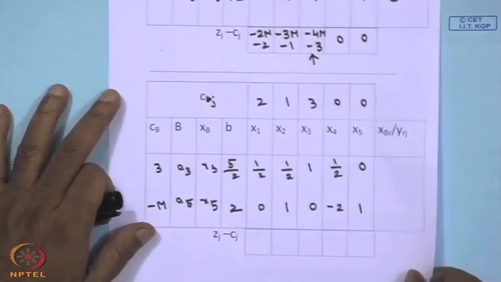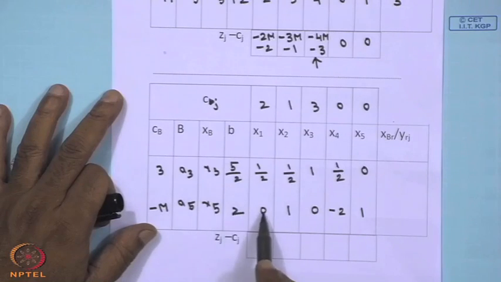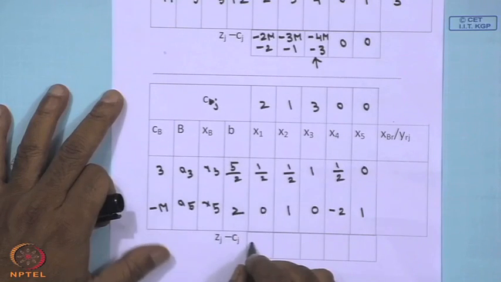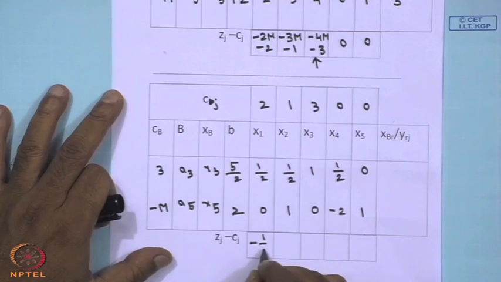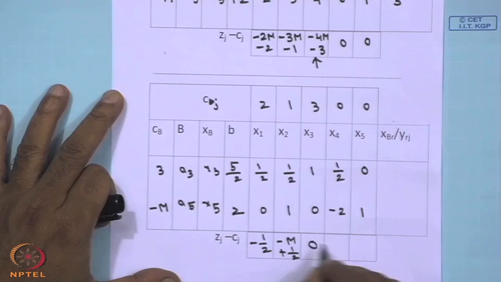Now you can calculate z j minus C j again from here: z j minus C j is 3 by 2 into 0 minus 2. So basically it is minus half, the next one is minus M plus half, the next is 0, next is 2M plus 3 by 2, and 0.